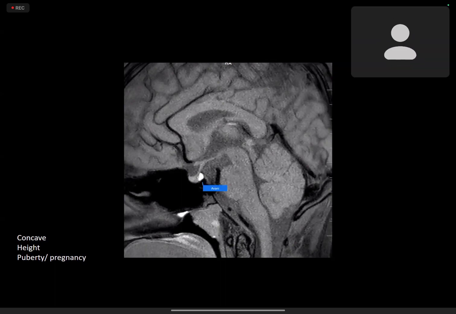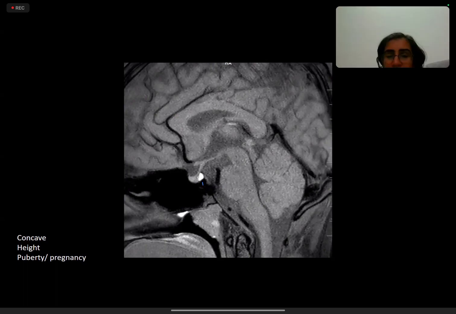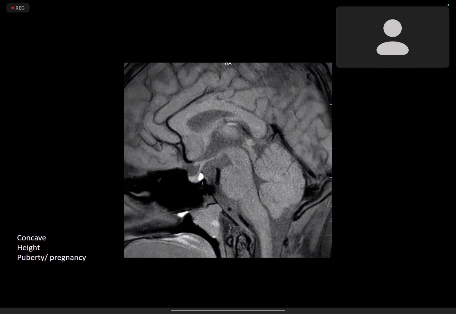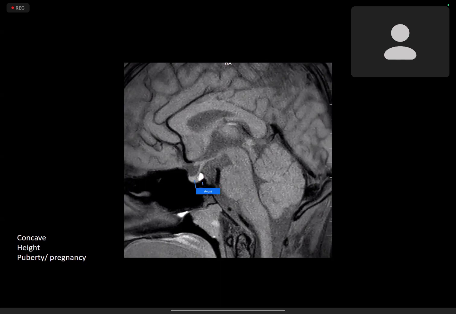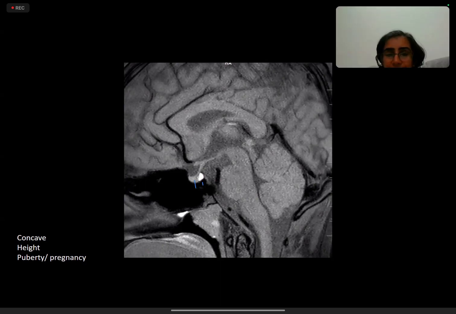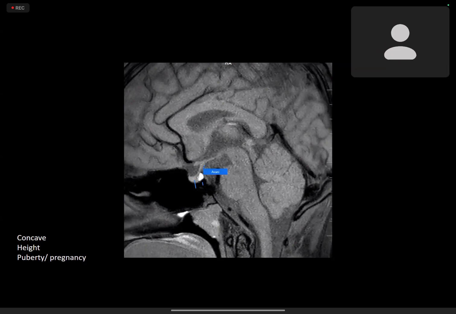This is the posterior pituitary, which appears as a T1 bright spot. Very nice. This is the normal anterior pituitary, which should be concave upwards. This is the infundibulum. Very nice.